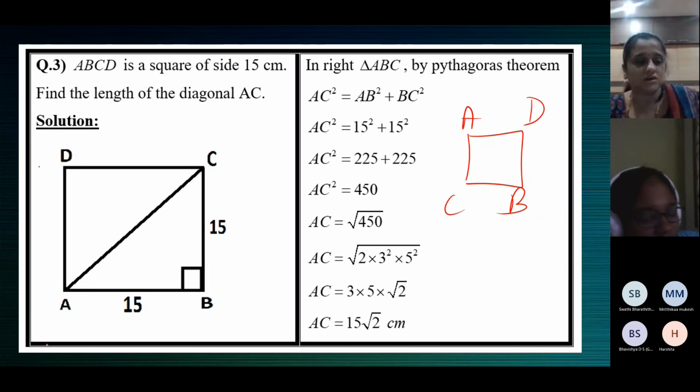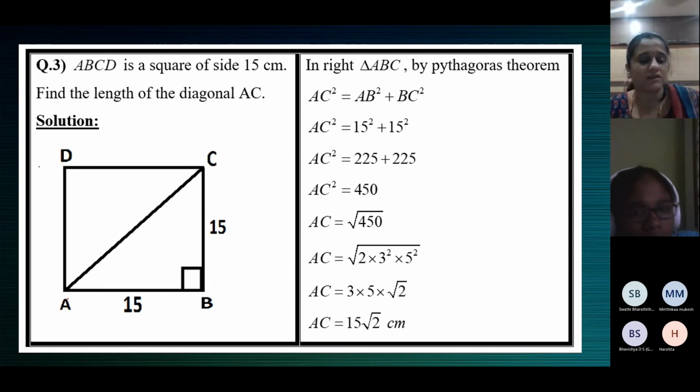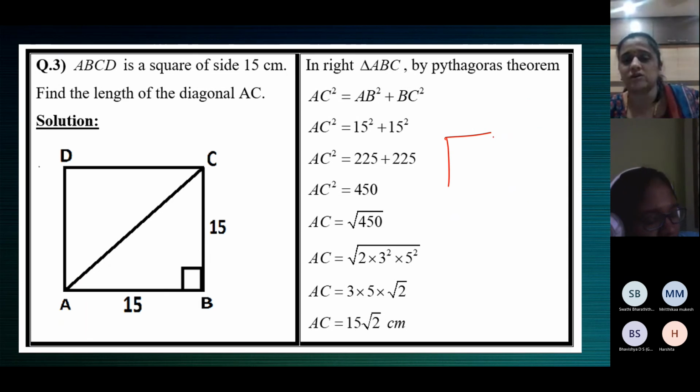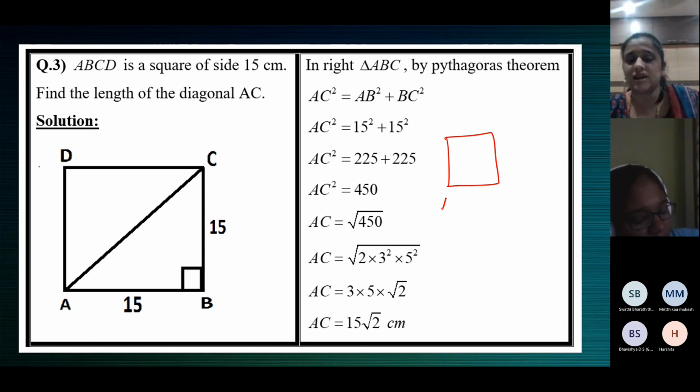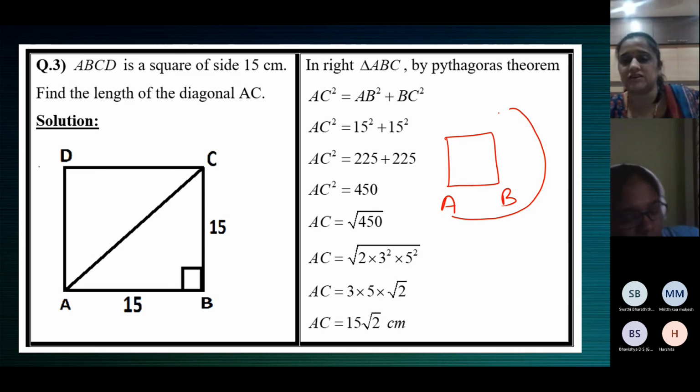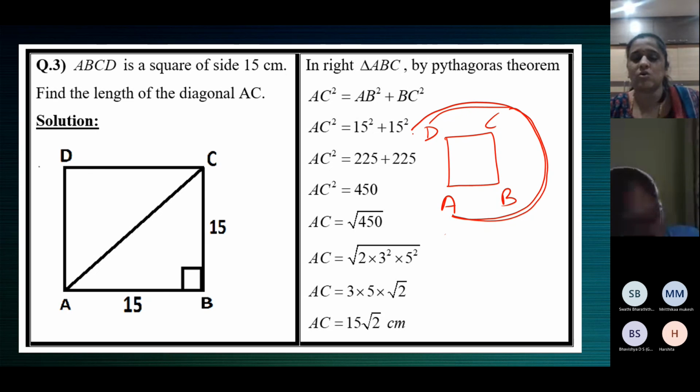When you mark the vertices, you must go in the clockwise or anti-clockwise direction. So if you start A here and write B here, then this is C, this is D. A, B, C, D, going in the anti-clockwise direction.